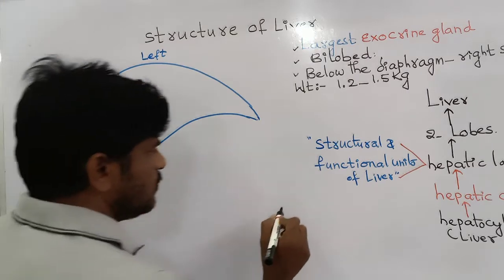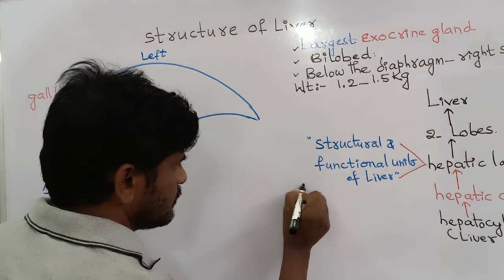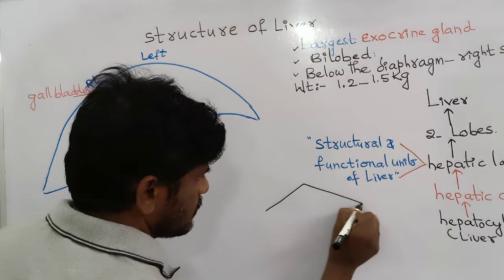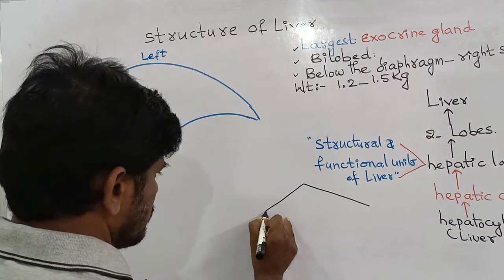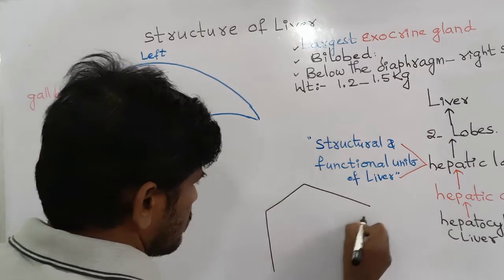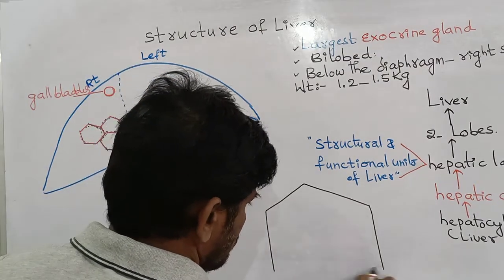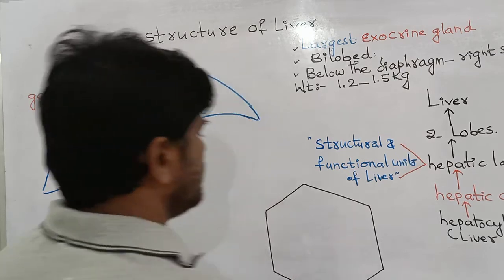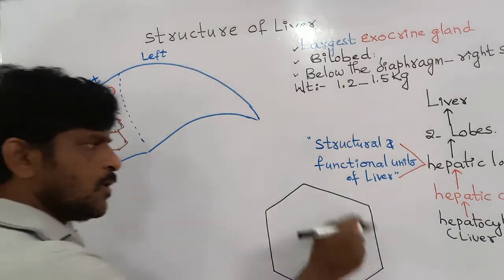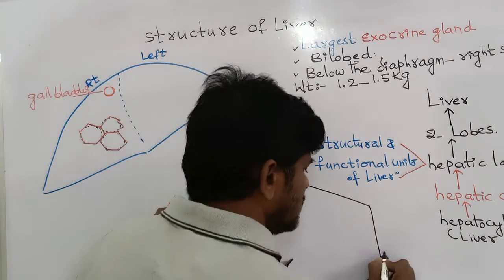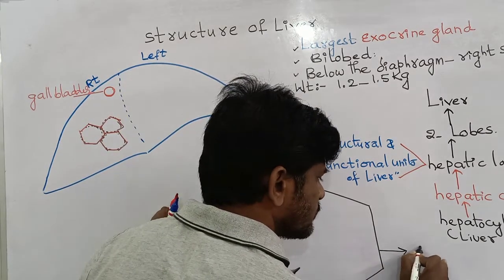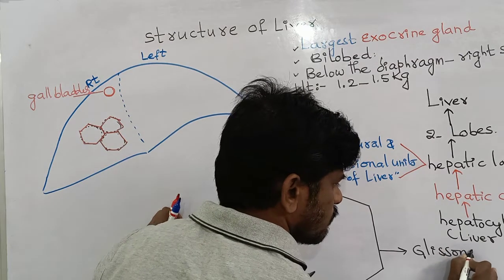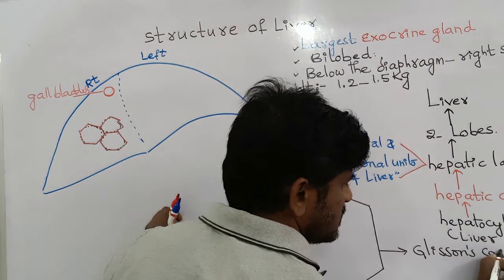This is the hepatic lobule. It is one hepatic lobule. The lobule is covered by the Glisson's capsule.